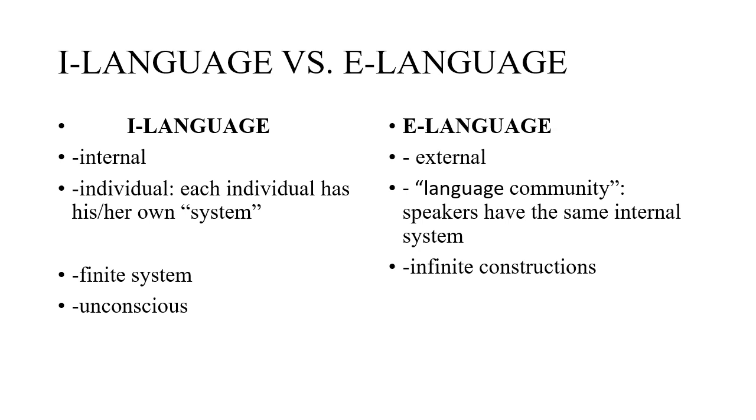Another difference is that the I language is unconscious. You don't know why you know something. If you say, for example, Mary speaks English, why do we put an S there? Well, if you're a native speaker, you know that automatically.